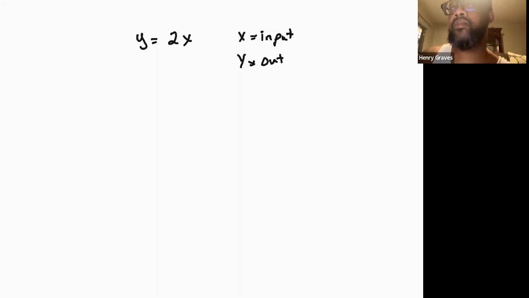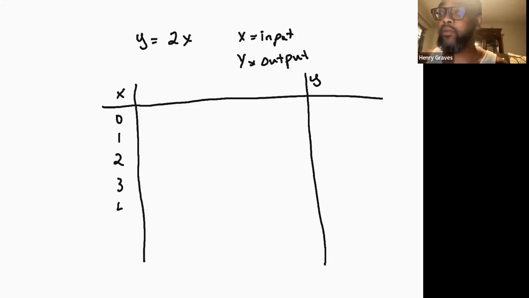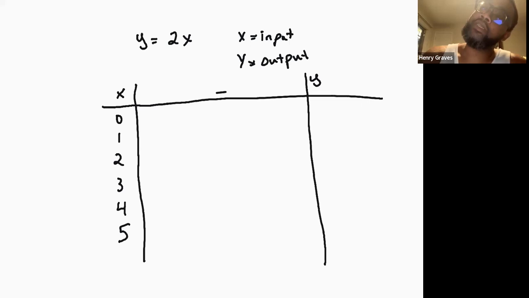We're going to make the x the input side of the table, and the y is going to be the output side of the table. We're going to have x here and y over here. So let's say I do 0, 1, 2, 3, 4, 5, right? And this part in between the x and the y, I'm going to call the function table.